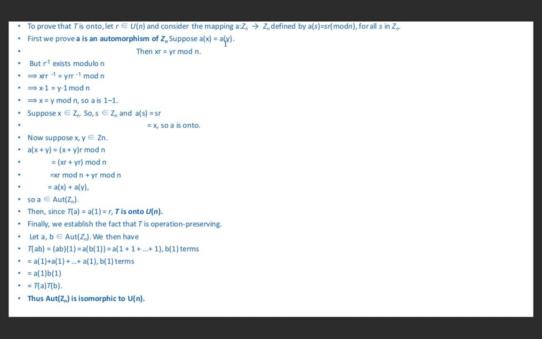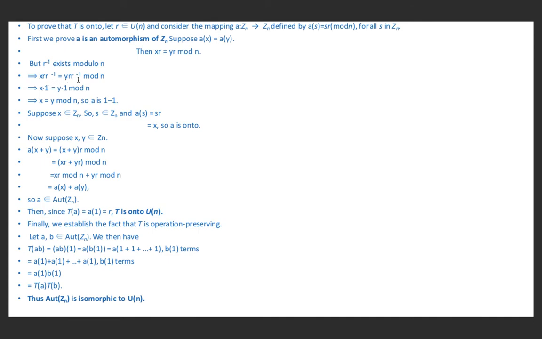Suppose A(x) is equal to A(y). It means xr is equal to yr mod n. But r inverse exists modulo n. It means if xr is equal to yr mod n, then x r r inverse is equal to y r r inverse mod n.